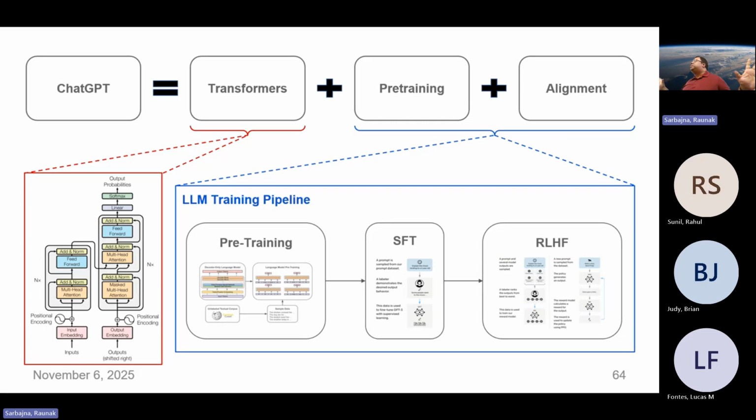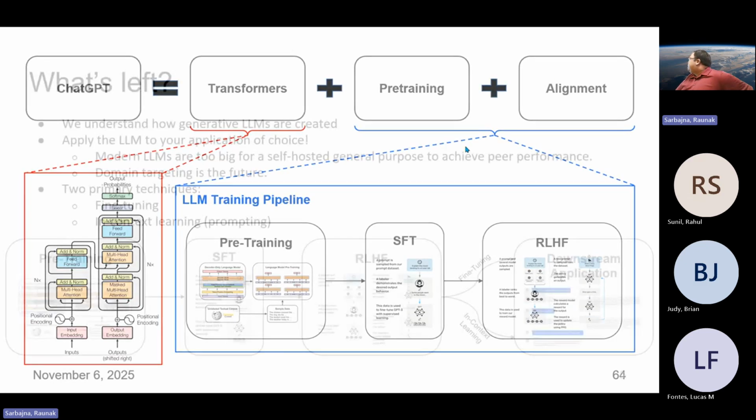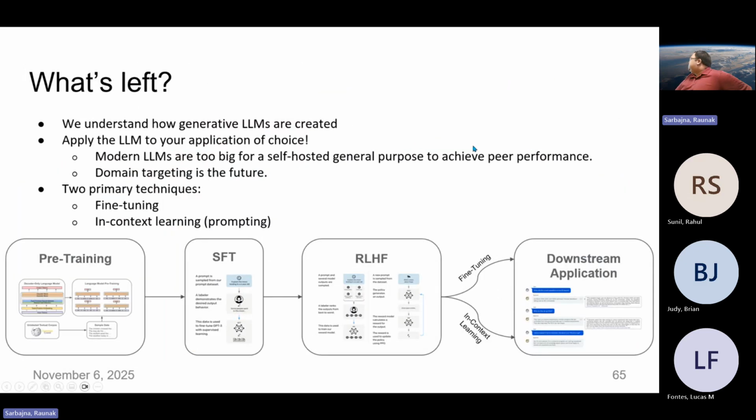It doesn't just look at the internet generally, it has other things. And this is how ChatGPT came along. What's left is that we kind of understand the best way of creating generative LLMs. You can create an LLM on your own computer, on your laptop, using any kind of nanoGPT stuff.